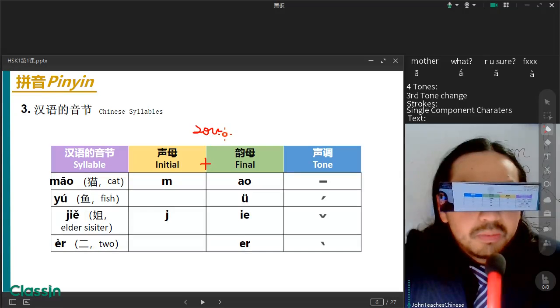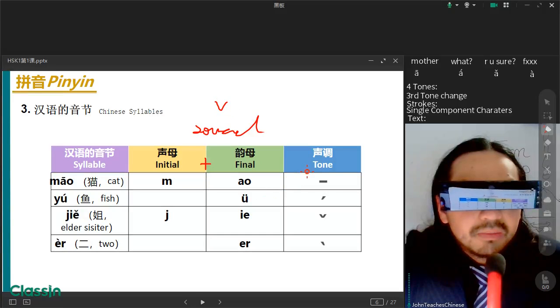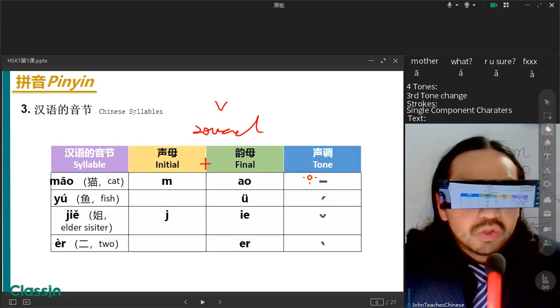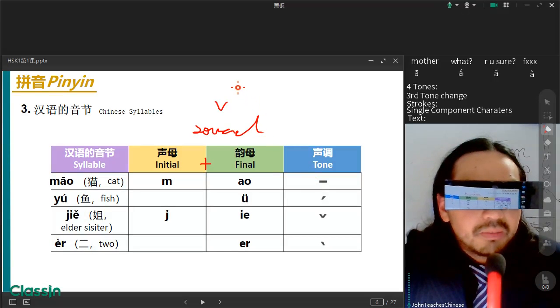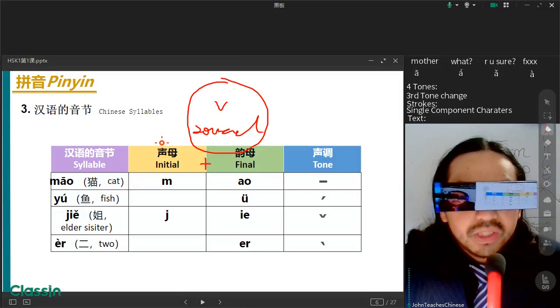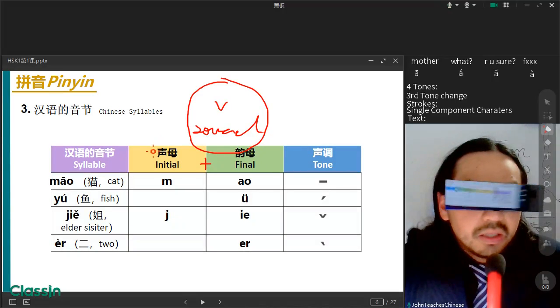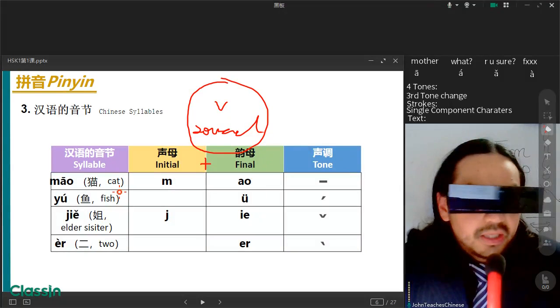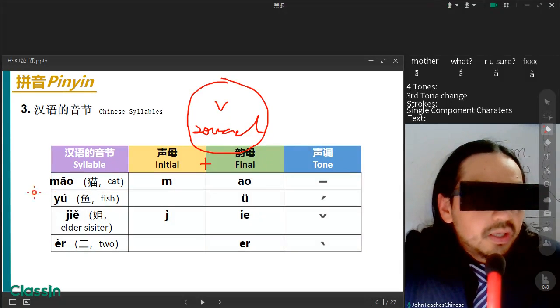Then, when you give that sound a mark indicating the tone, it becomes a Chinese symbol. The symbols generally represent how you read a Chinese kanji. Okay, we'll make some practice in this section.